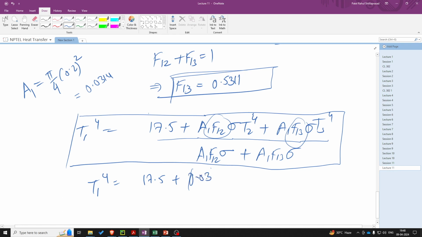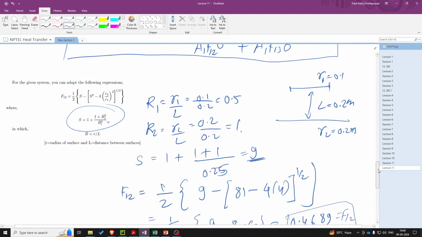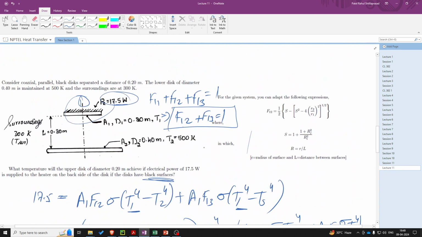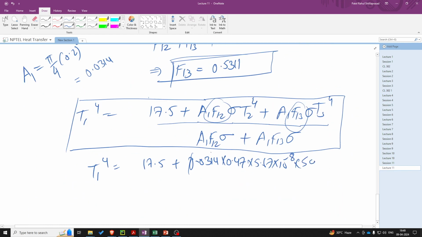So you can just write this as 0.0314 into F12 was 0.468. Let's just call it as 0.47. Sigma is 5.67 10 raised to minus 8. T2 raised to 4. T2 we have been given as 500 Kelvin and T3 is 300 Kelvin. 500 Kelvin raised to 4 plus A1 is again 0.0314 into F13, 0.531.